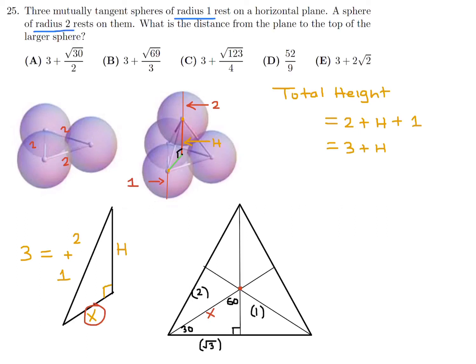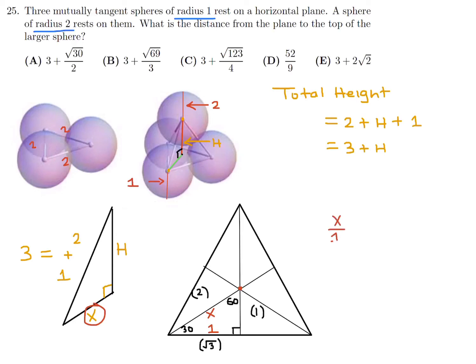Now, do we know the length of any of these sides? We do, because the equilateral triangle, remember, has a side length of 2. So from here to here, right here, that's half of the side, correct? So that basically would be 1. So there we go. We have now enough to figure out x.